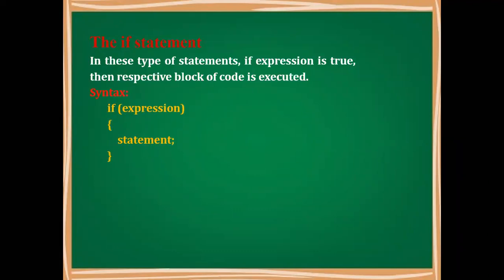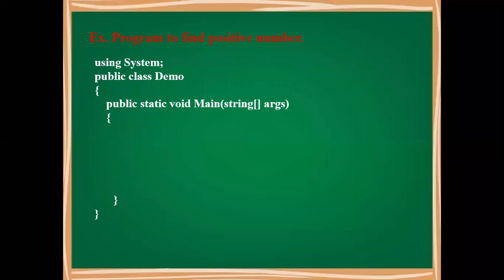The syntax is quite similar to previous programming languages. If, as a keyword, you have to write in small case. In brackets, you write your conditional expression, and if the situation matches, then the statement will be executed. For example, we are taking a program to find a positive number.